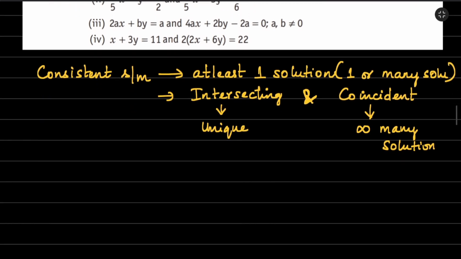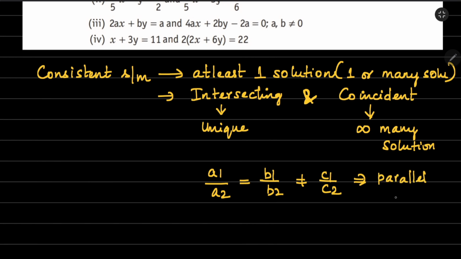But suppose you get A1 by A2 equal to B1 by B2, but this is not equal to C1 by C2. That means the system is inconsistent. These lines are parallel lines, which means they do not have any solution, and the system is inconsistent.